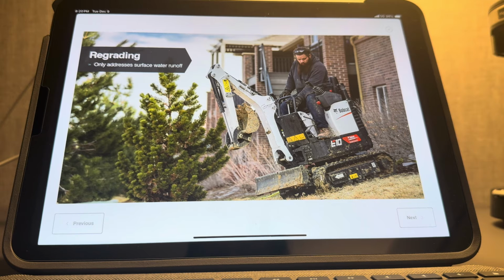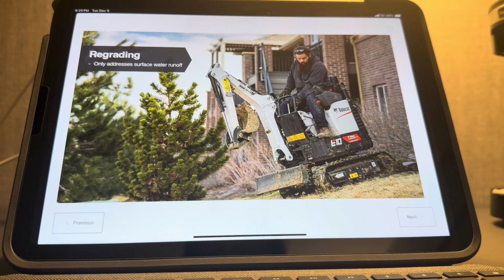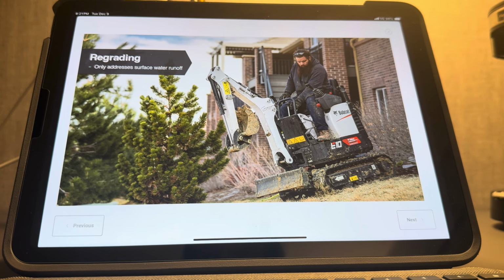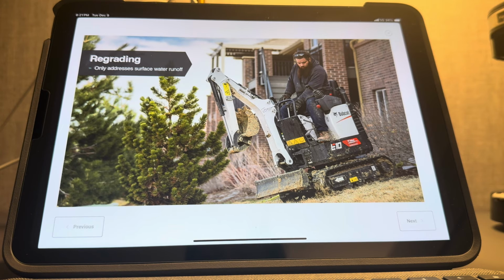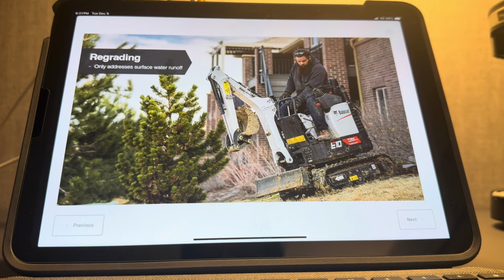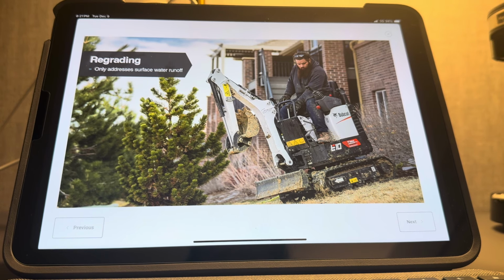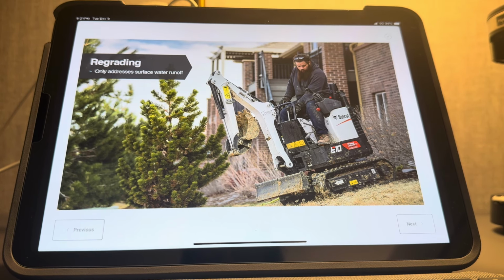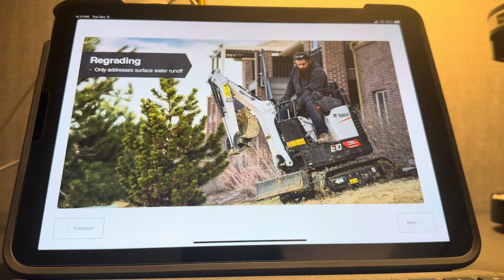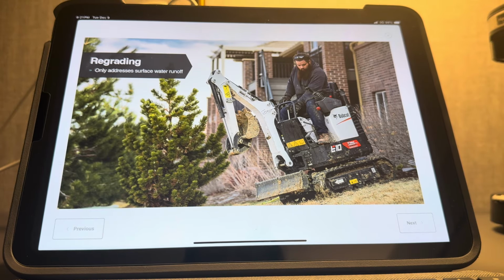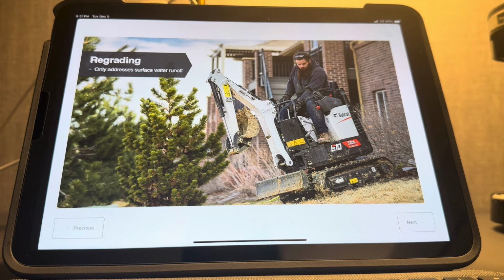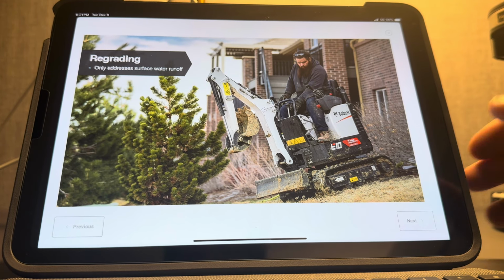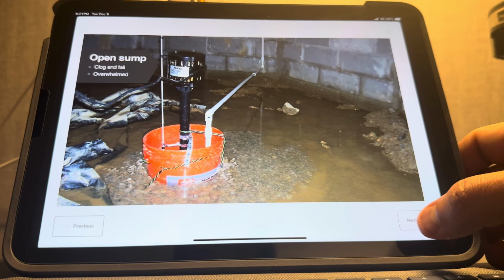This is also extremely invasive, but really at its root, this solution only addresses the surface water runoff, the water that would run off of your roof. It does not address the issues with the water within the ground, okay? That is still going to find its way to your crawl space due to your crawl space being below grade.